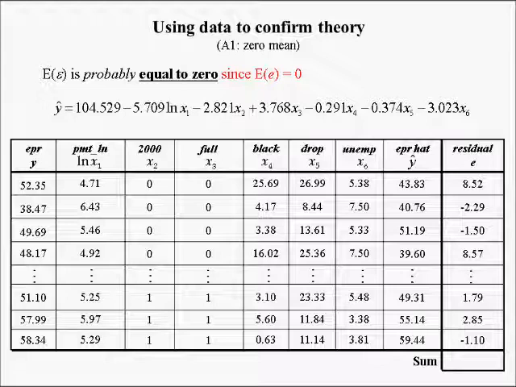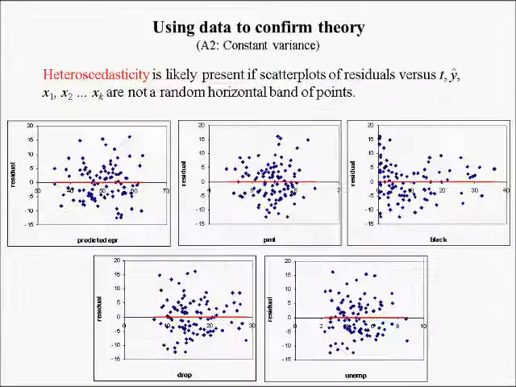So far, the 100th observation has the smallest predicted error in absolute value. Now, if I sum these, I get 0. So we just verified assumption 1: the error probably has an expected value equal to 0, since the mean of the predicted residuals is 0.